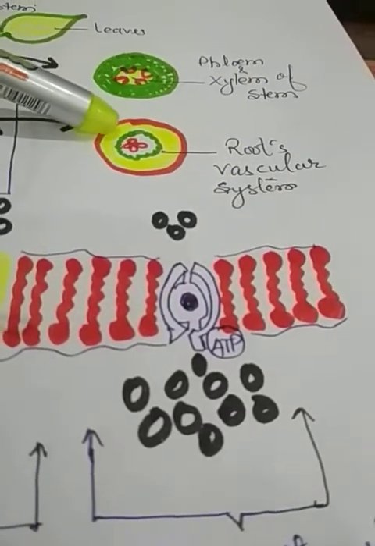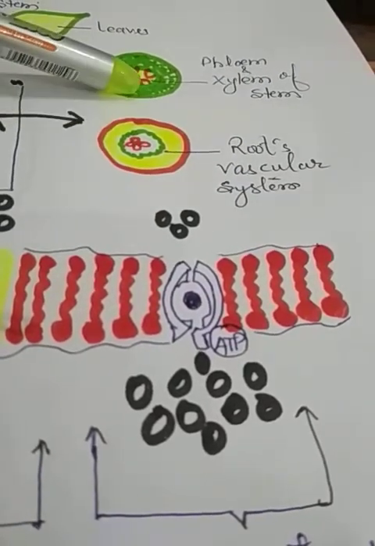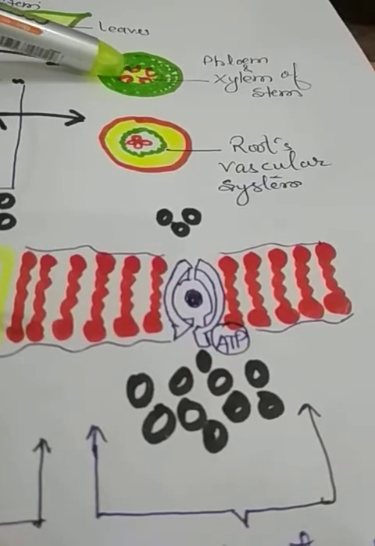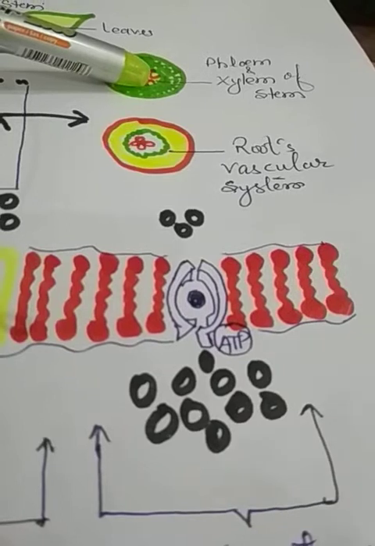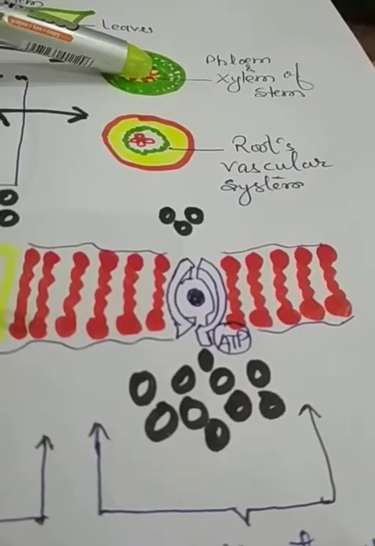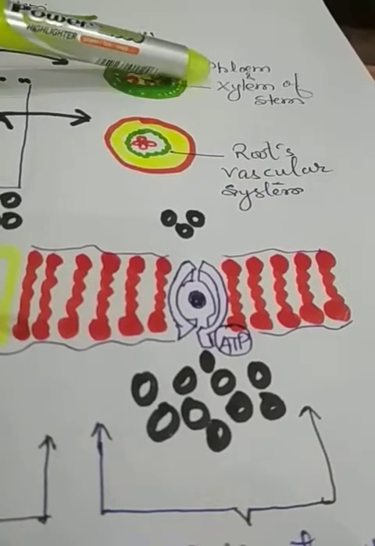As you have studied in the previous class, xylem has 4 components: xylem fiber, xylem parenchyma, tracheids and sclerids. So these are the 4 components that come under the xylem.